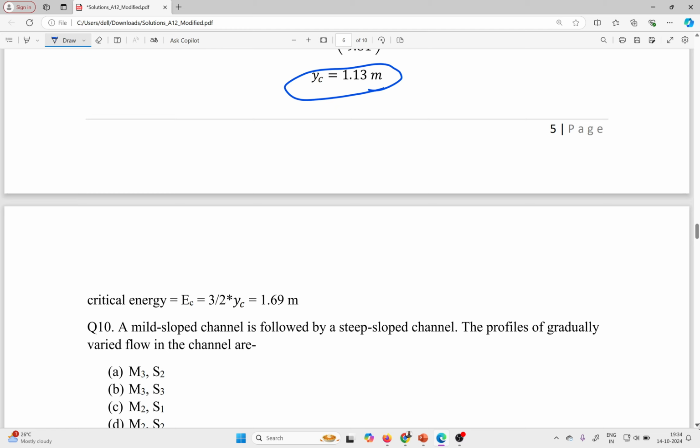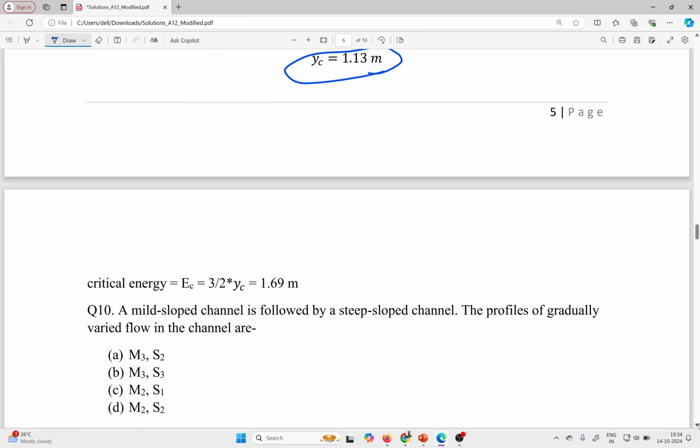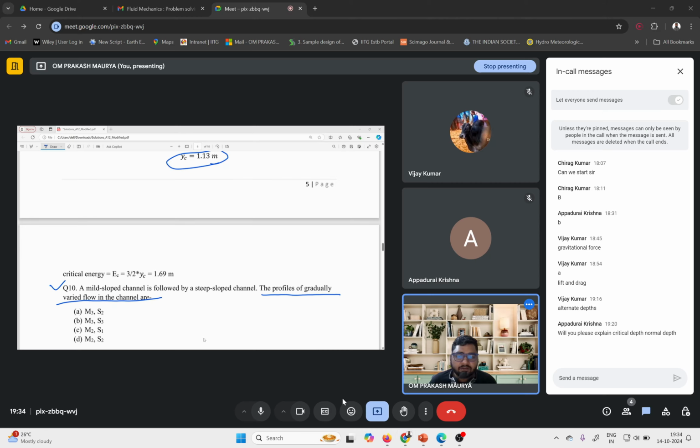Yes, here the same question is whatever I explained previously. Question number 10. A mild slope channel is followed by a steep slope channel. The profiles of gradually varied flow in the channel are: option A M3 S2, B M3 S3, C M2 S1, option D M2 S2. So please try to write your answer in the chat box.